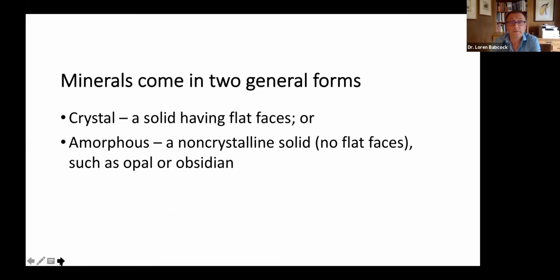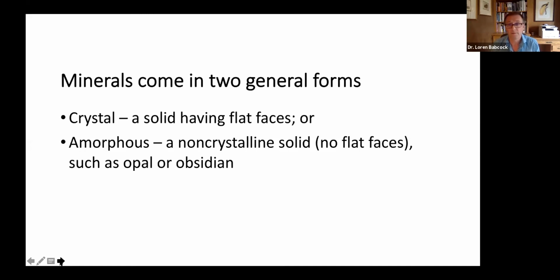So let's talk a little bit more about some basics. Basically, minerals, as I've defined them here, come in two general forms. Crystals are solids that have clear, flat faces, or alternatively, they are amorphous or non-crystalline solids.